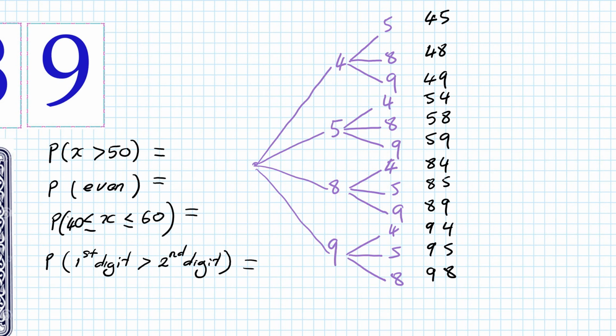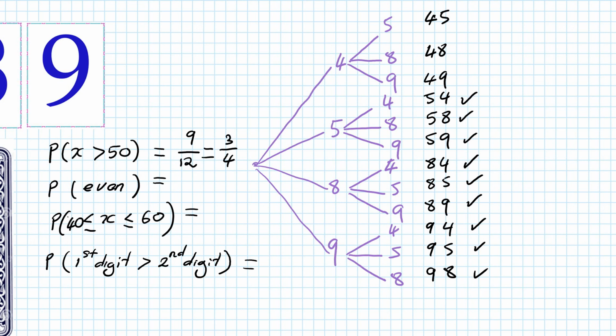Now, for greater than 50, I just take the ones that are greater than 50, which are 54, 58, 59, and then 84, 85, 89, and 94, 95, 98. All these numbers are greater than 50. So 1, 2, 3, 4, 5, 6, 7, 8, 9. So the probability is 9 out of 12. If you simplify that, divide both by 3, the answer is 3 over 4.